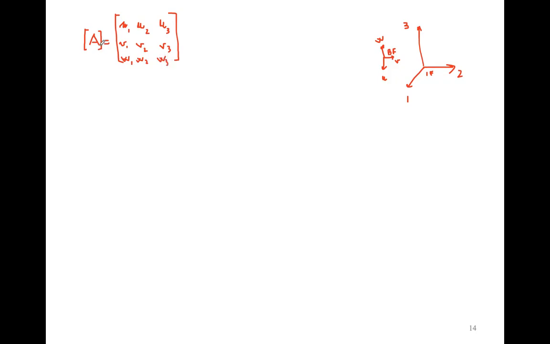So if you take this matrix and a specific vector, for example this vector A in the inertial reference frame, and multiply it by the matrix, this gives you the vector in the body frame, the BF, okay?